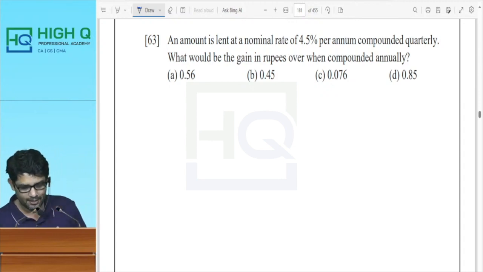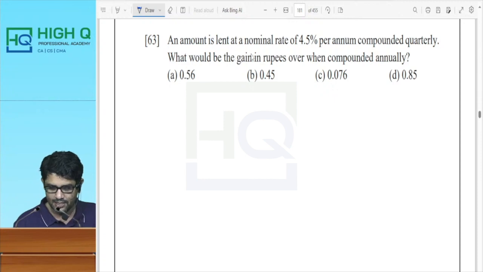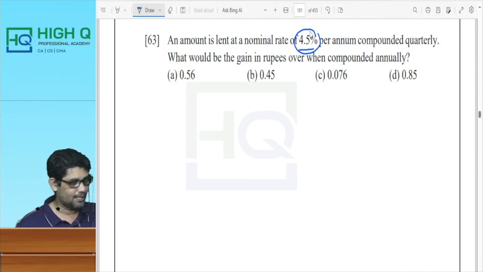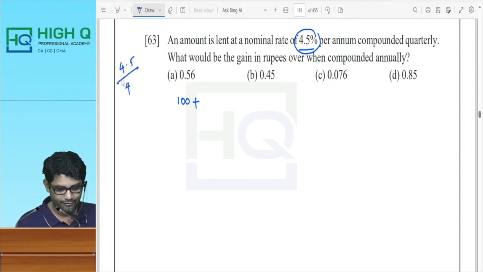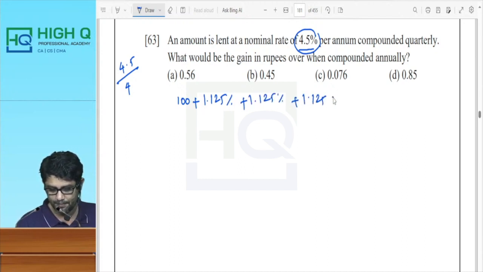Very good. Now, an amount is lent at a nominal rate of 4.5% per annum compounded quarterly. So compounded quarterly means what, my dear? Let me take 100 rupees. What is 4.5% divided by 4? 1.125%. 1.125% plus 1.125% plus 1.125% plus 1.125%.